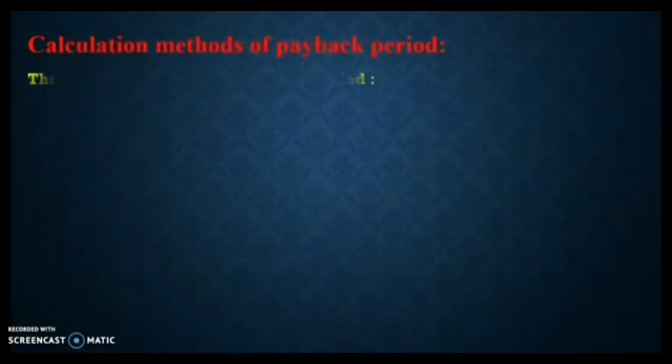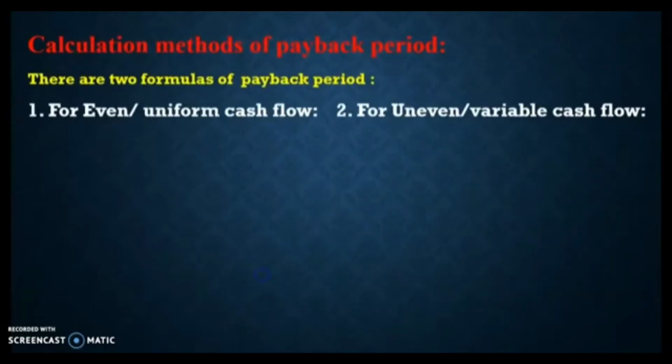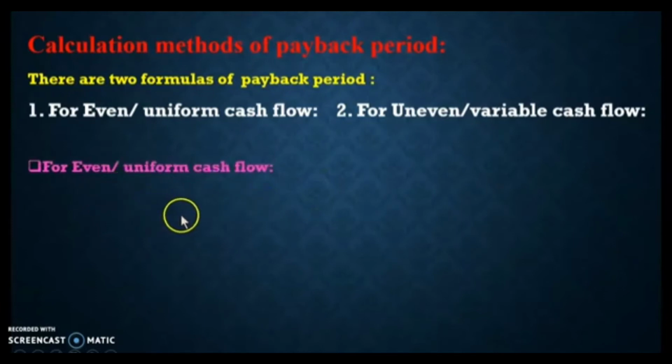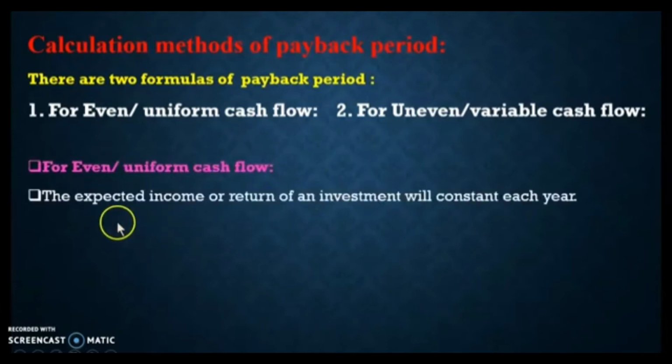Calculation methods of payback period. There are two formulas of payback period. One is for even or uniform cash flows. Another is for uneven and variable cash flows. Uniform cash flows means the expected return of an investment will be constant each year.